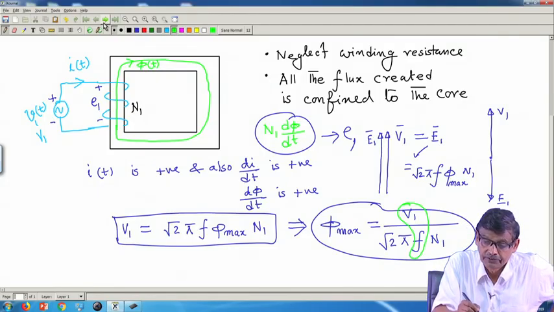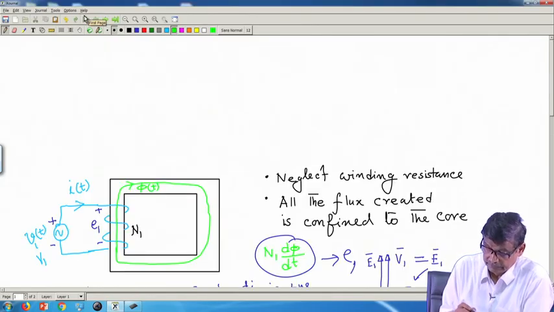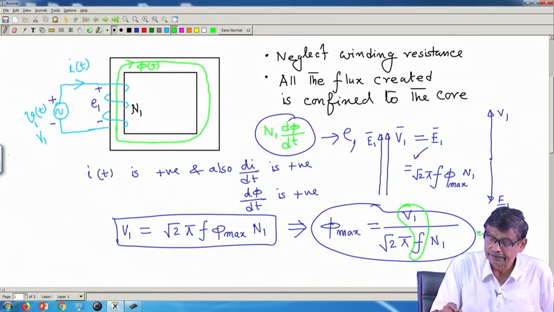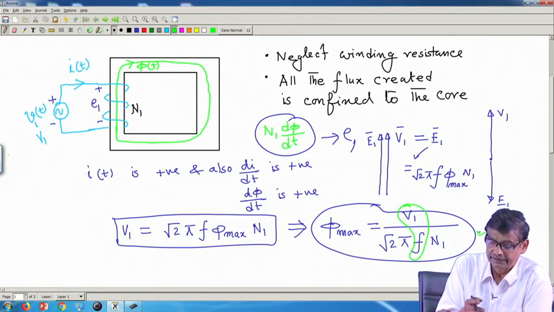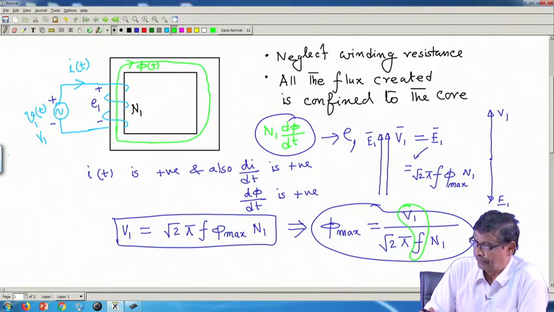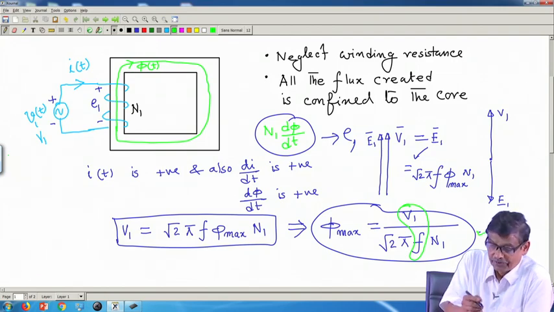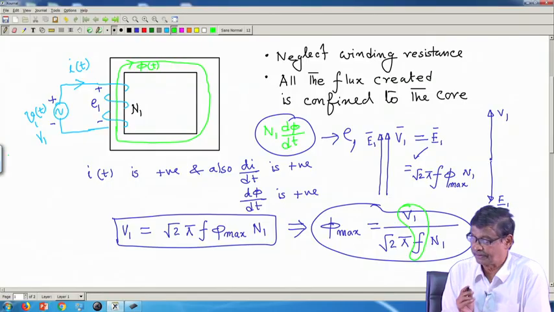Now, let us go to a new page. After learning this, in this magnetic circuit, once again, we now know what is going to happen. I will refer back to this once again; redrawing is not necessary.